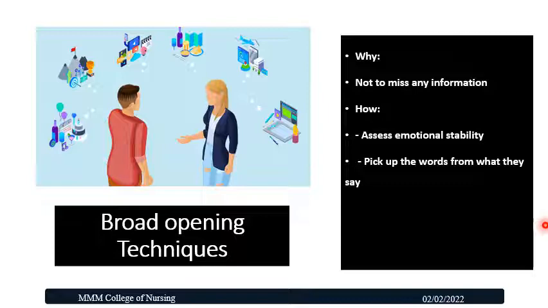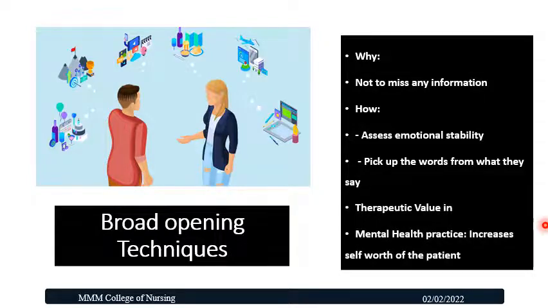Usually you can ask the patient, what are you thinking about? So once you ask this as a broad opening question, you can expect anything from the patient's thought process. So he starts speaking about it. So what is the therapeutic value behind it? It increases the self-worth of the patient.